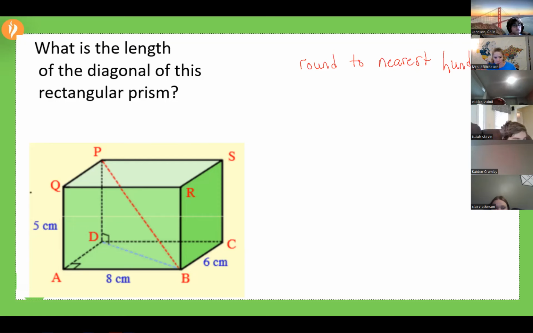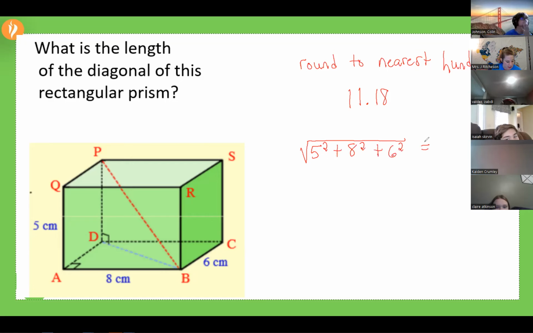All right, 11 point hundreds, people, hundreds. So the answer is 11 point. Yes, Ashlyn, your brain is probably smarter than all of our calculators put together. You're fantastic. If you have the radical on your calculator, you just type in 5 squared plus 8 squared plus 6 squared.